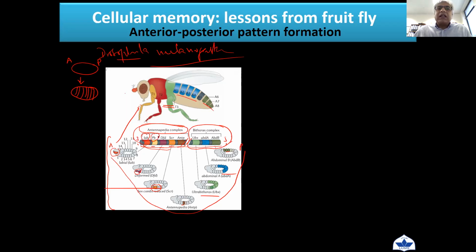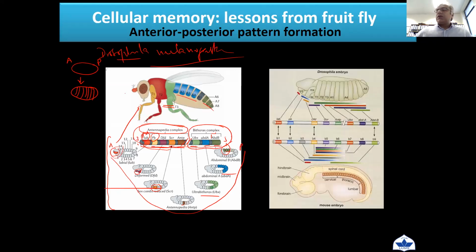Labial will be switched on, and all the others will be switched off in this region. Here, ABDB is active, switched on, but these cells contain the same chromosomes, same genes, which means all these genes are present here as well. But all the others are repressed. And we learned about the relationship between UBX, ABDA, ABDB when we talked in the genetics of development course.